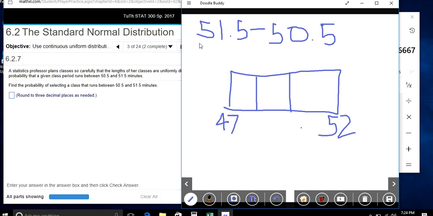And once I get that answer, I'm going to divide it all by the total, which is 47 through 52. So we know 52 minus 47, just doing it in my head, that's 5.